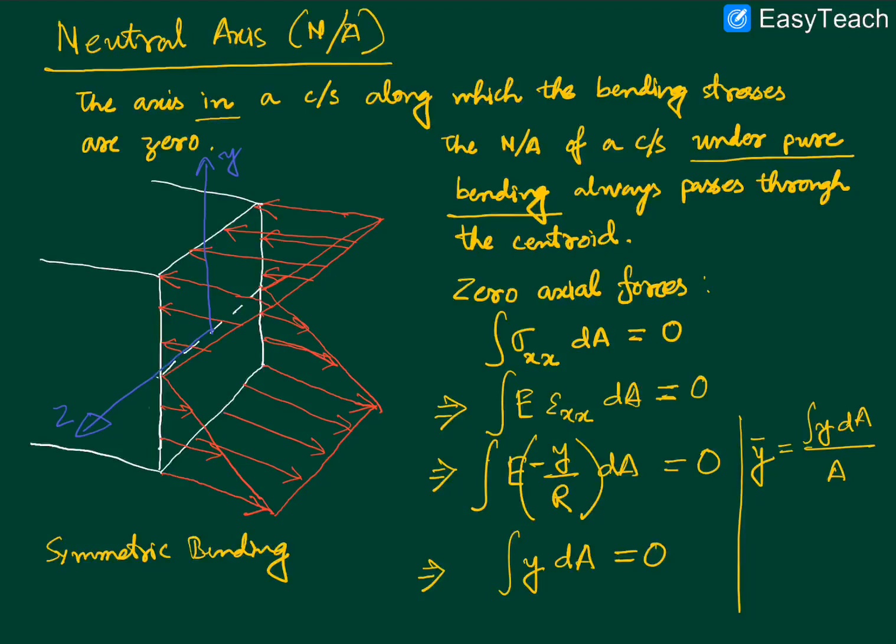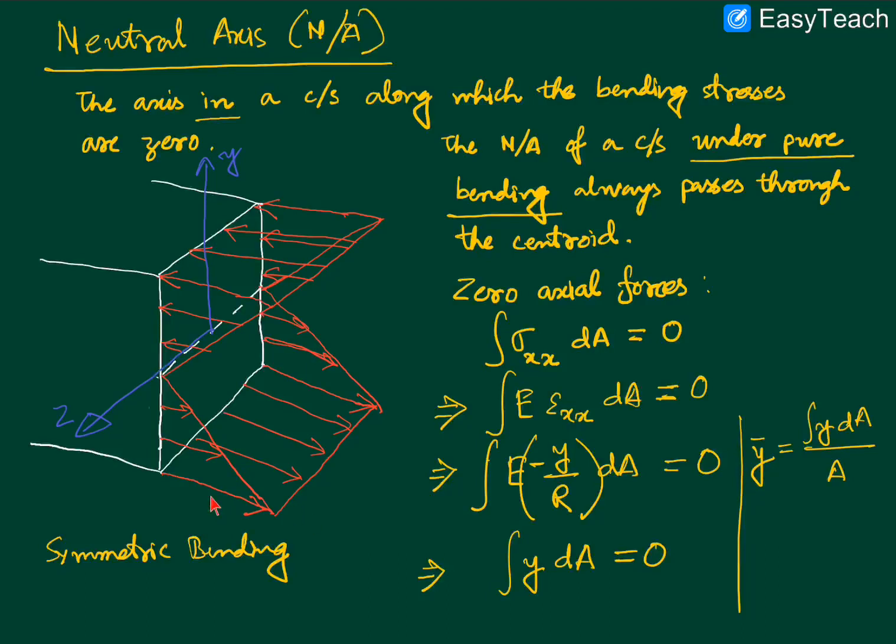And y bar being 0 means the centroid is lying on the z-axis. Because the neutral axis is coinciding with the z-axis here, the centroid must lie on the neutral axis, or the neutral axis is passing through the centroid, which is what we wanted to prove. All right.